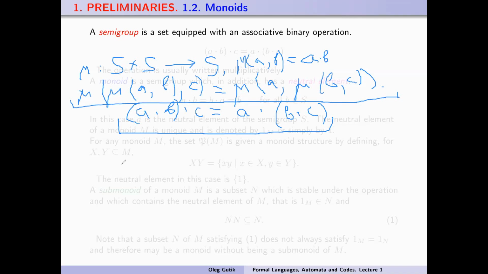So first, very simple examples. If we consider the set of non-negative integers with the usual addition, it is a semigroup. Also, if we consider R, the set of real numbers, with the usual addition, this is a semigroup. If we consider R or any numbers with the usual multiplication of real numbers, it is a semigroup.